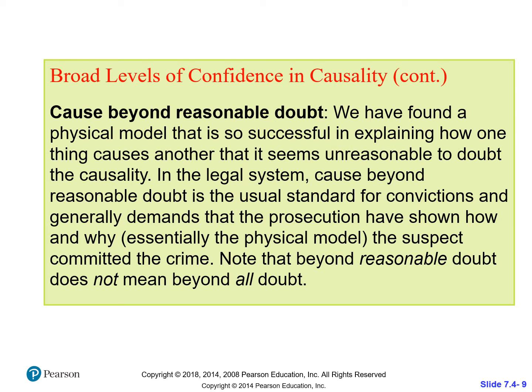In a legal system, cause beyond reasonable doubt is the usual standard for convictions, and generally demands that the prosecution have shown how and why, and that's that physical mechanism we talked about, the suspect committed the crime. Note that beyond reasonable doubt does not mean beyond all doubt, but we have established enough that we're going to convict this person. We're going to arrest them and put them in prison and so forth.